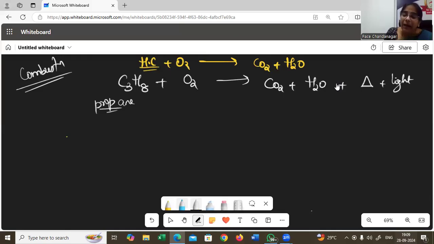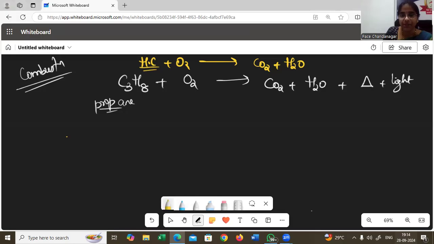Now how do we balance this? There is a trick to follow. Whenever you have a pure element, like this oxygen, you balance that pure element at the end.